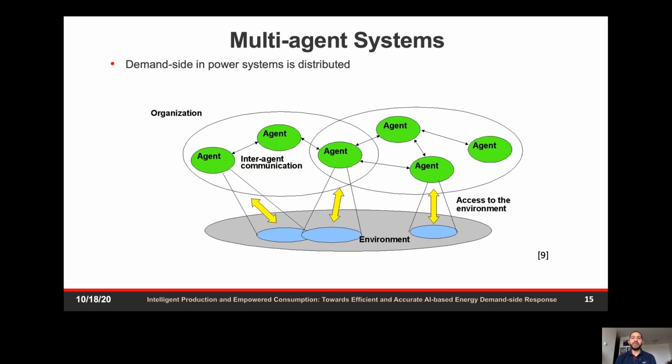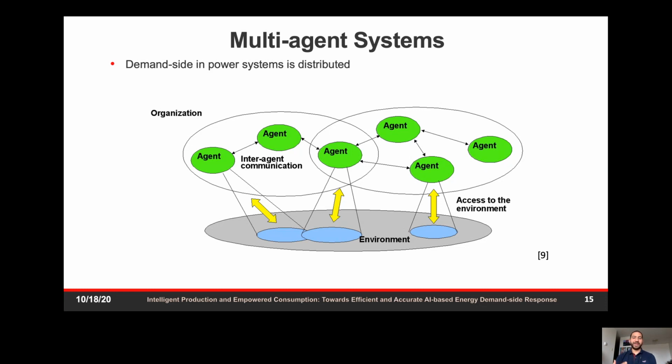They are highly used, especially when there are binding agreements in place, so incentive-based demand response. They are used for the selection of the optimal set of electricity consumers that will participate in demand response schemes.